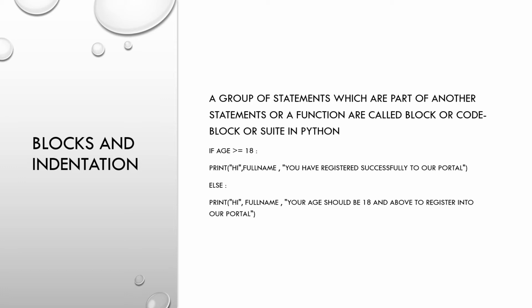Okay, so blocks are a set of statements. It's part of another statement, but it will do some specific action based on the condition. A particular statement can be ignored, a particular statement can be executed. That is called an if condition. Similarly, we may need to iterate a list of students to identify which student is a captain or which student is a class leader.